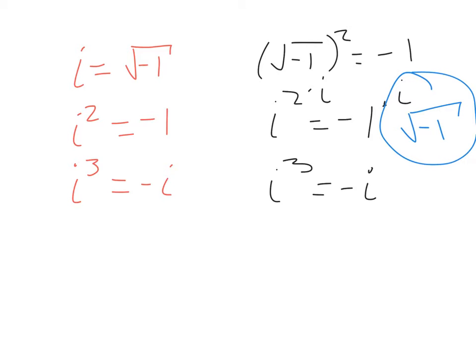Okay, and so if we multiplied again by i, it would be i to the what? To the fourth. And that would be the same as, what would this give you?